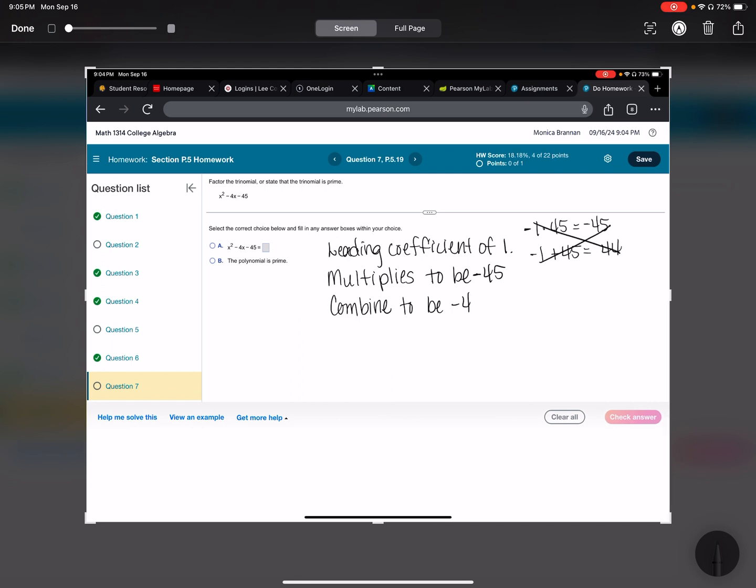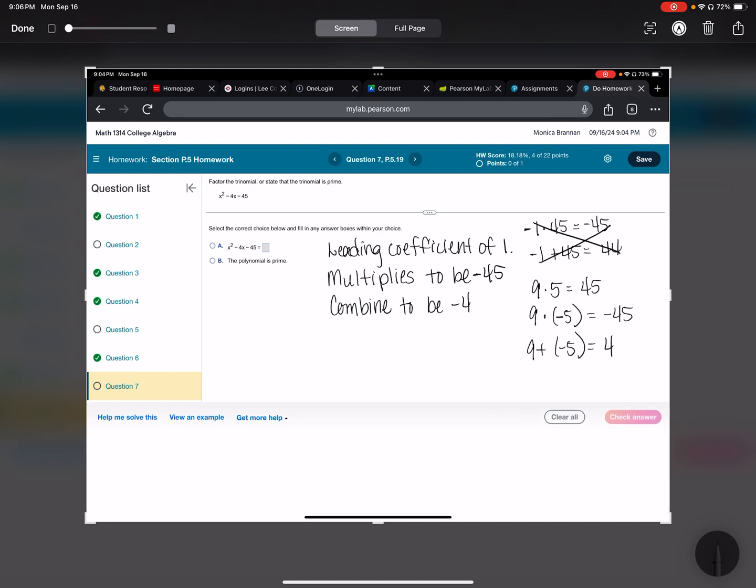Okay, and some of you can go ahead and think, well, I know 9 times 5 equals 45. Okay, that's great. We need a negative. So you decide that +9 times -5 equals -45, which is true. So what is 9 plus -5? Well, that's a +4.